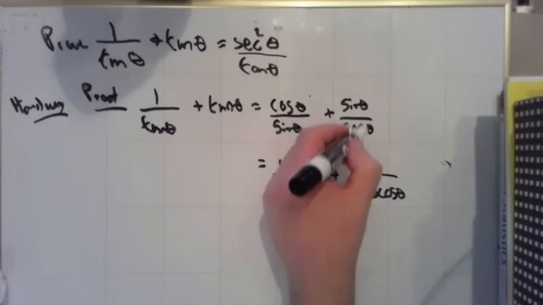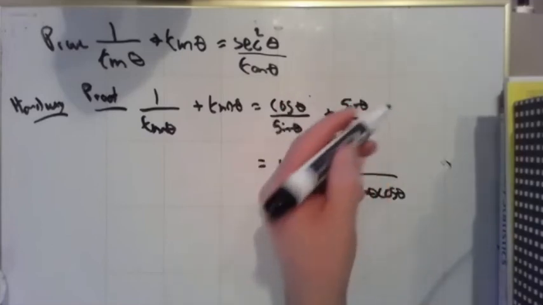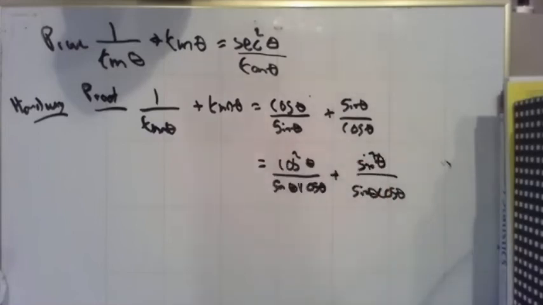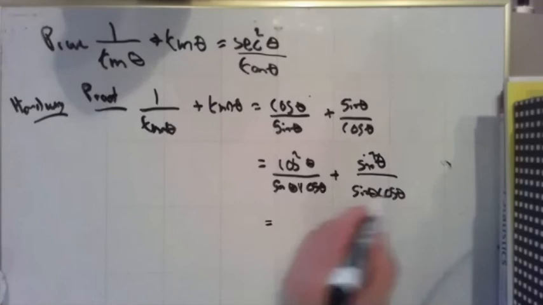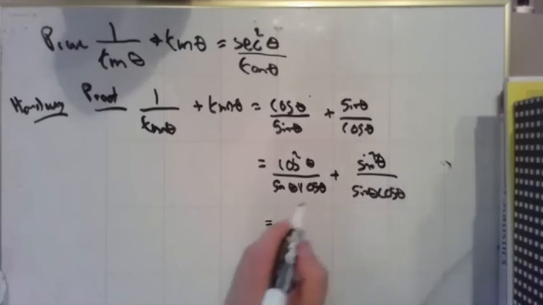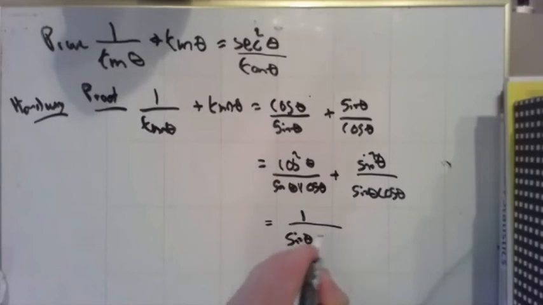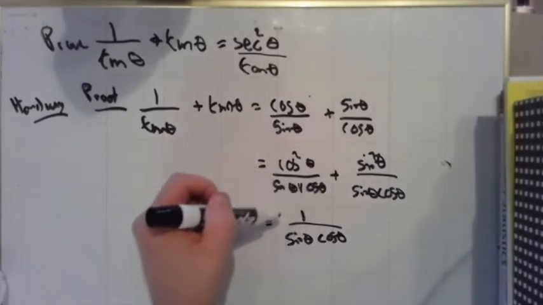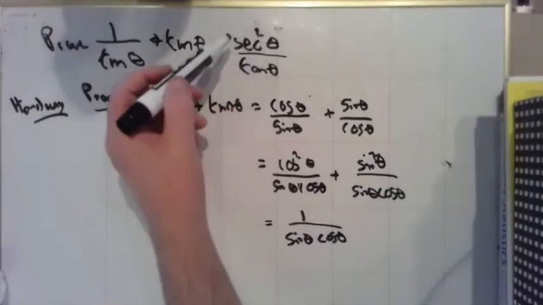It's already got the cosine, he needs another sine, top and bottom, so he'll be sine squared. Okay, now I have the same denominator, so I can add these together. Cosine squared plus sine squared is 1. Okay, so now I've got a single fraction, and somehow I have to rewrite this guy to look like this.